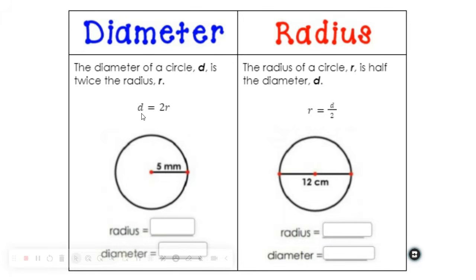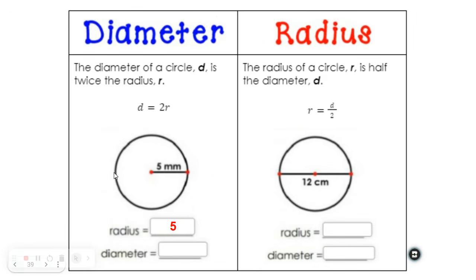So in order to find the diameter, if I'm given the radius, I can take the radius and multiply that by 2. That would give me the diameter because the radius is half of the diameter. If I double the radius, I find the diameter. In this first example, it tells us that the radius is 5.